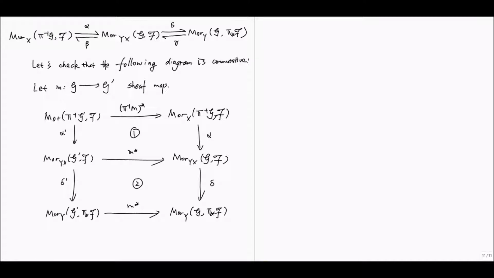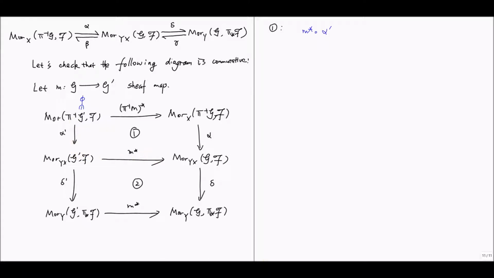Let's first look at the square 1. We take a sheaf map in here, call it phi. M star composed with alpha prime, which is this composition.